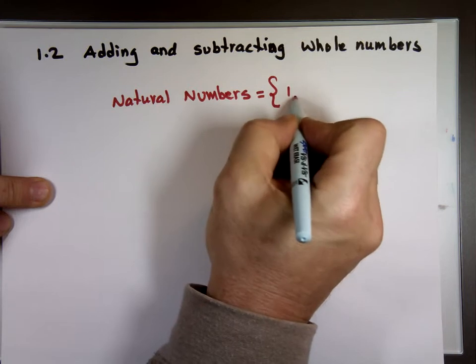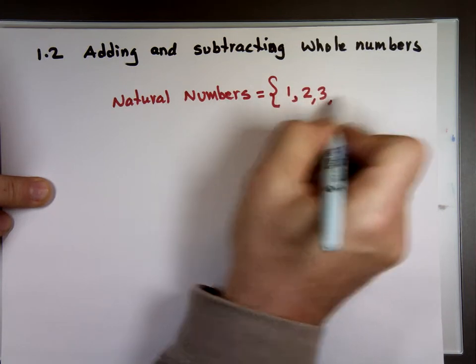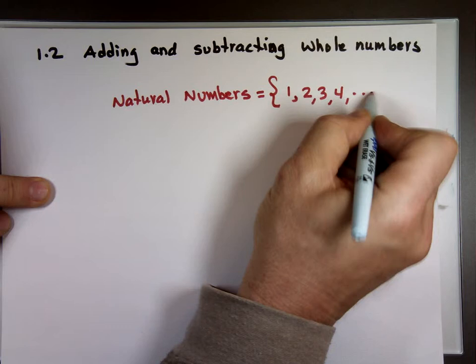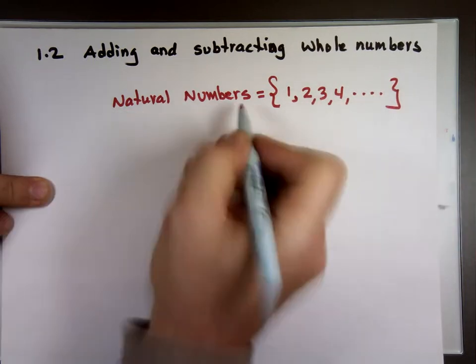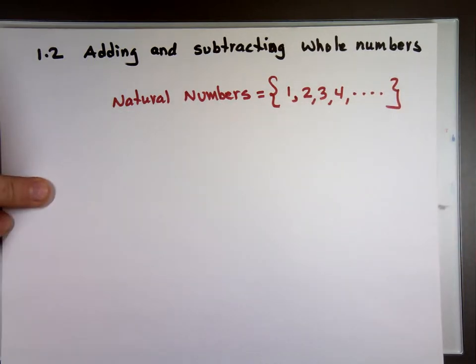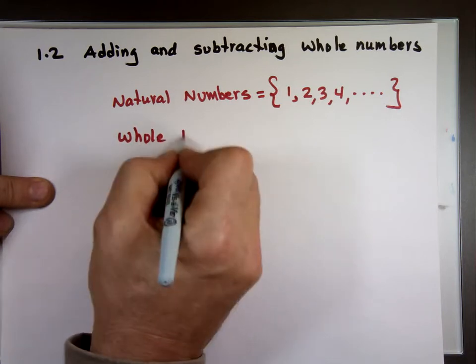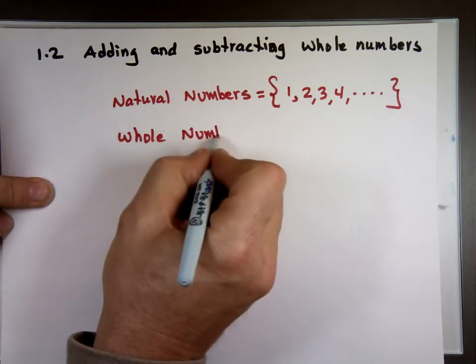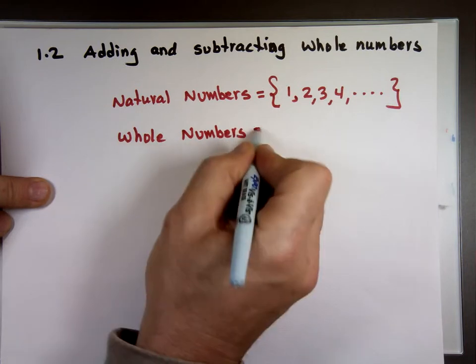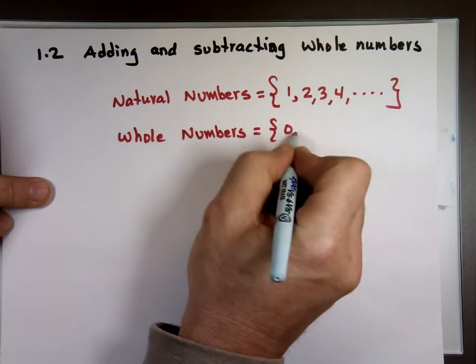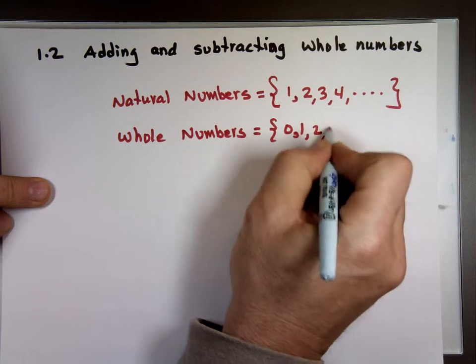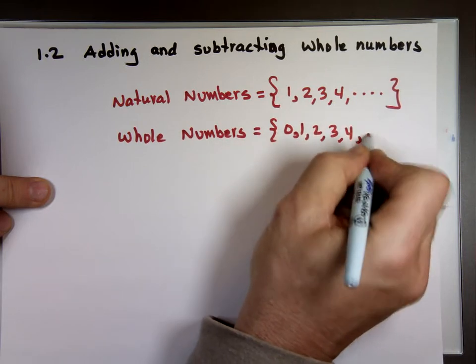It's always 1, 2, 3, 4, all the way to infinity. These are called natural numbers. Whole numbers, that's when you add the 0 to that list. Zero, 1, 2, 3, 4, and so forth.